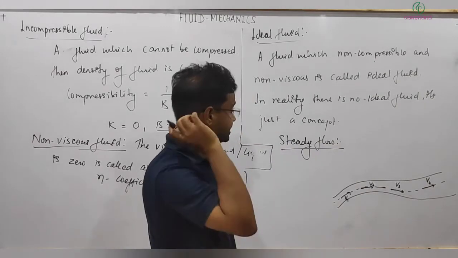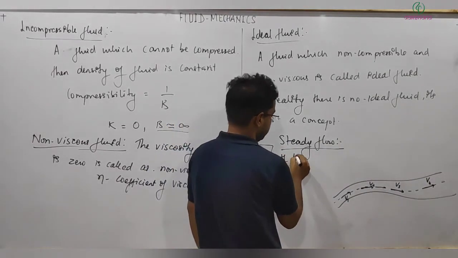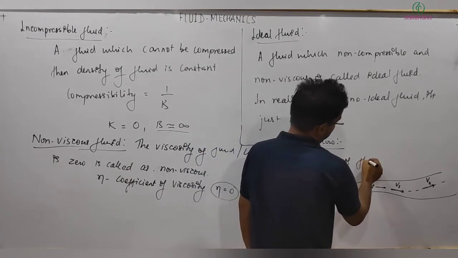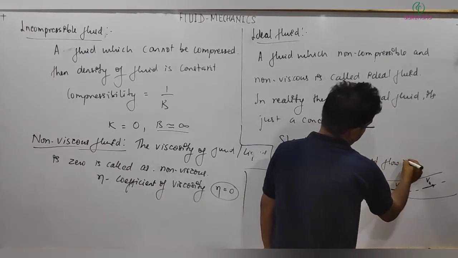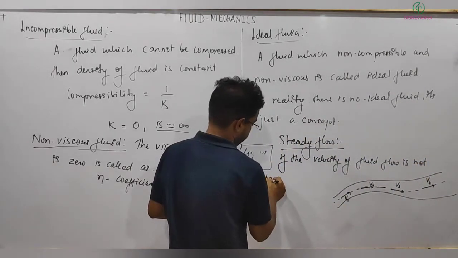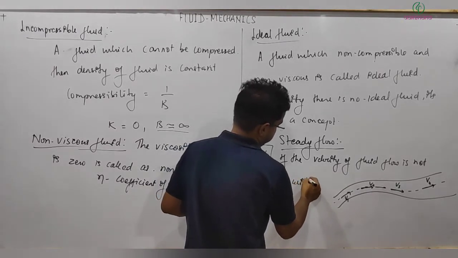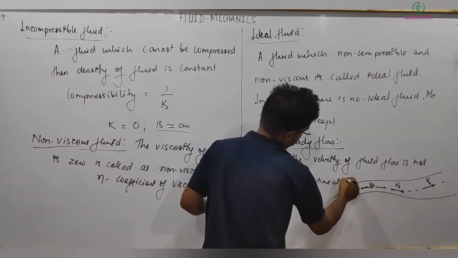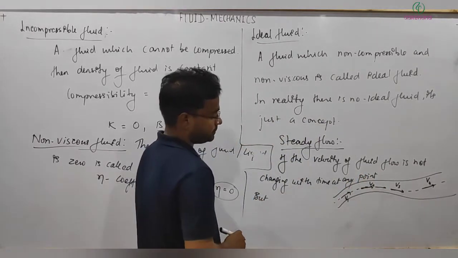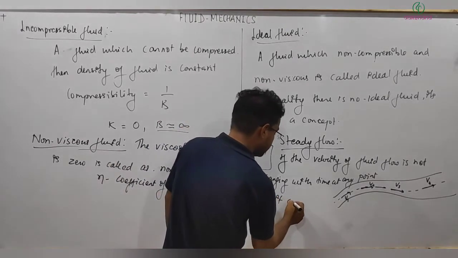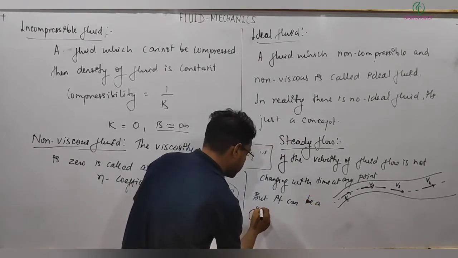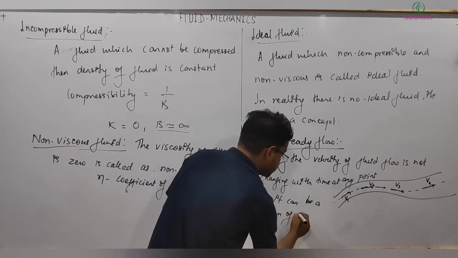So in case of steady flow, the velocity of fluid flow is not changing with time at any point, but it can be a function of position.